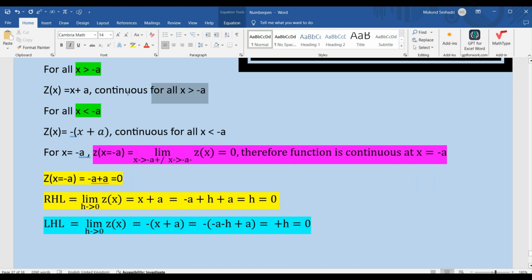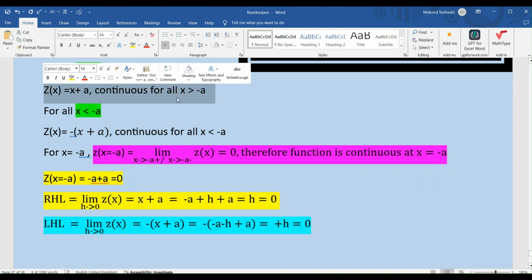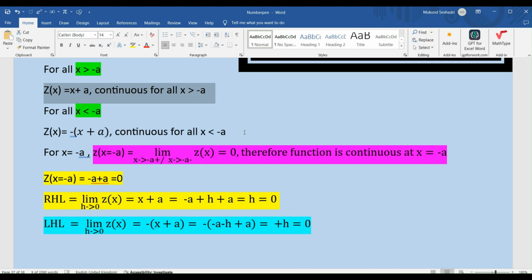So we have established continuity for x greater than minus a, lesser than minus a, and x equals minus a. So I don't see a discrepancy at any point for the mod function. The mod function is a continuous function, right? So I hope you understood why we started off this problem with mod of x plus a, right?